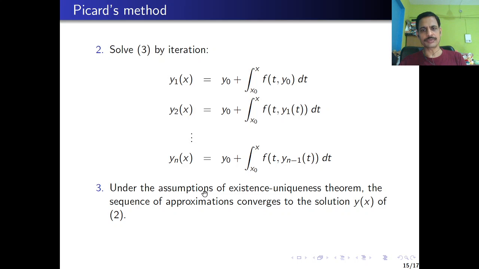So under the assumptions of the existence uniqueness theorem, this sequence of approximation converges to a solution y of x. Recall what are the assumptions of the existence uniqueness theorem. The assumptions of the existence uniqueness theorem is that f of x comma y should be a continuous function and it should satisfy Lipschitz condition with respect to the variable y.